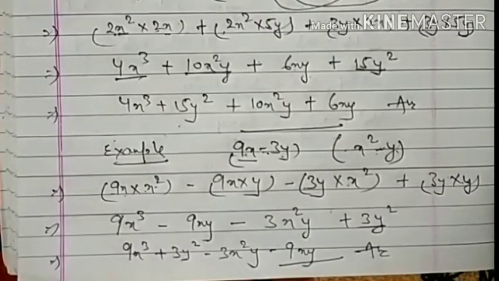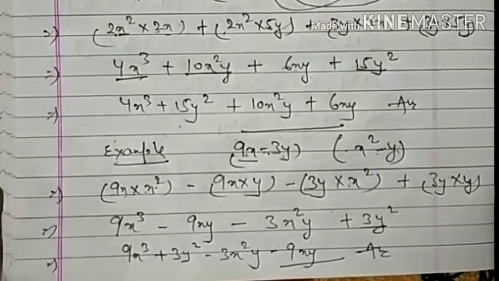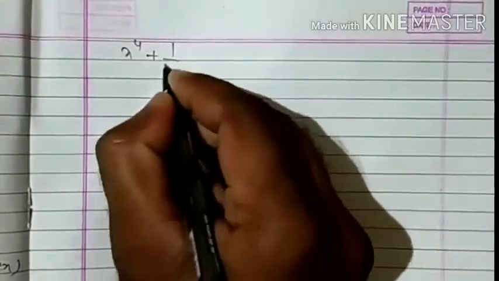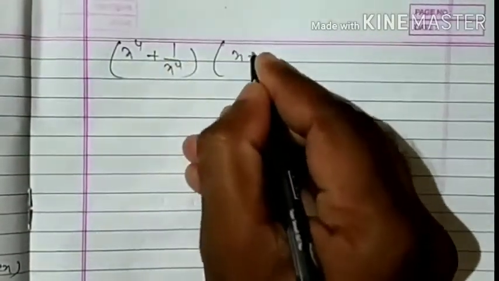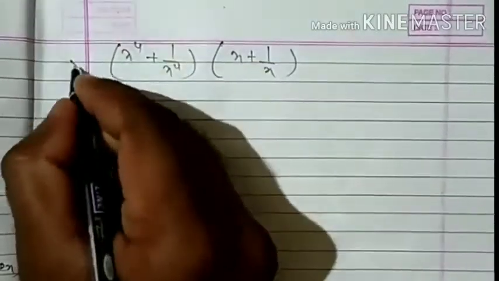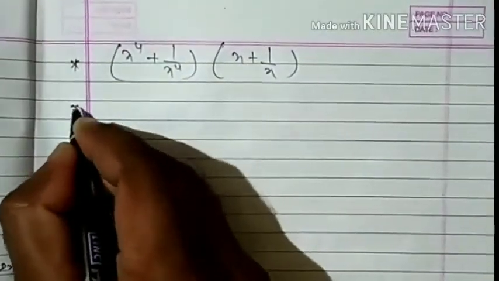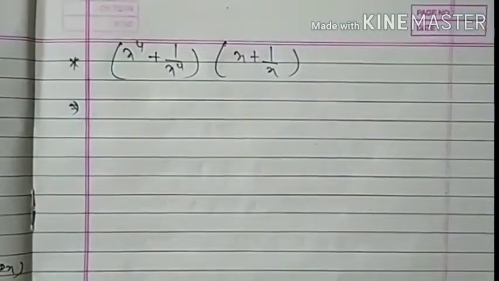Let's take a mixed question of both plus and minus sign. The question is x to the power 4 plus 1 by x to the power 4 multiplied to x plus 1 by x. A very important question. How can we solve it? Simply very easy.